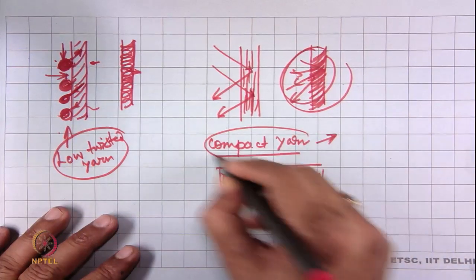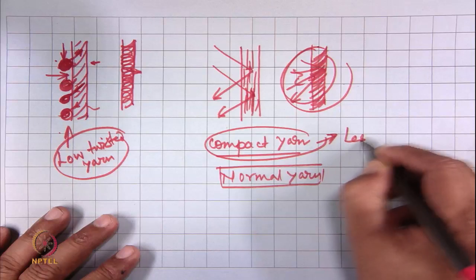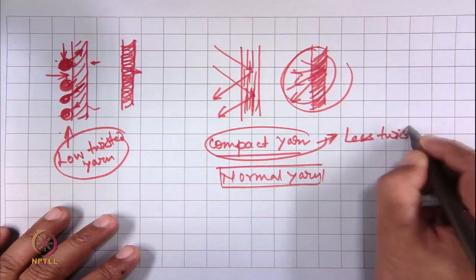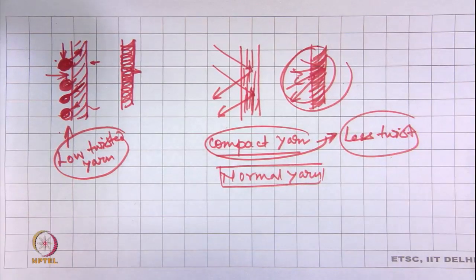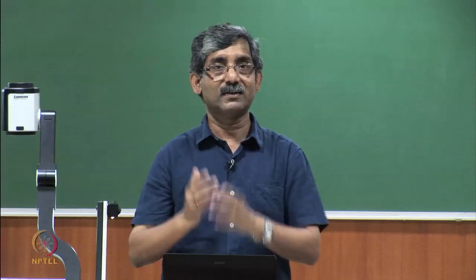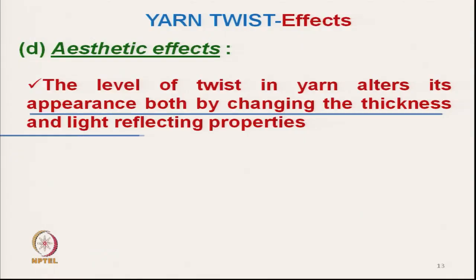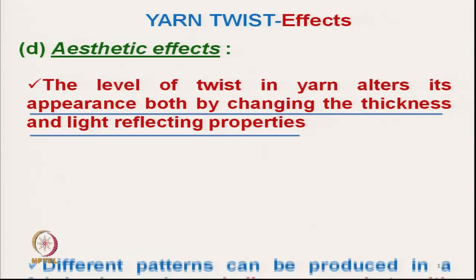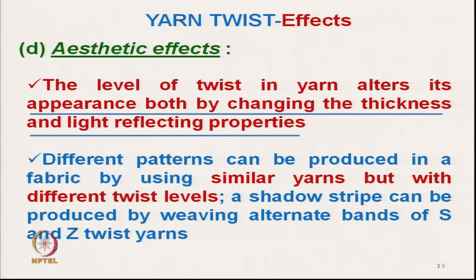So, in compact yarn we impart less twist, and as less twist is imparted, it results in shining nature. So, compact spun yarn is shining, its aesthetic characteristics are better, with better light reflecting properties.